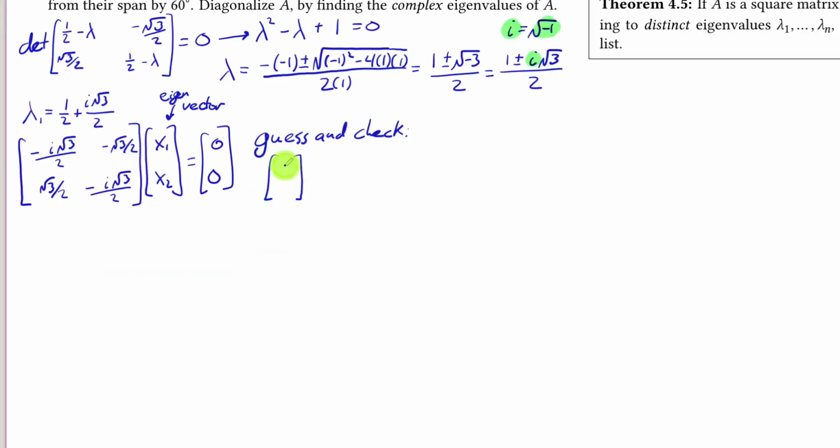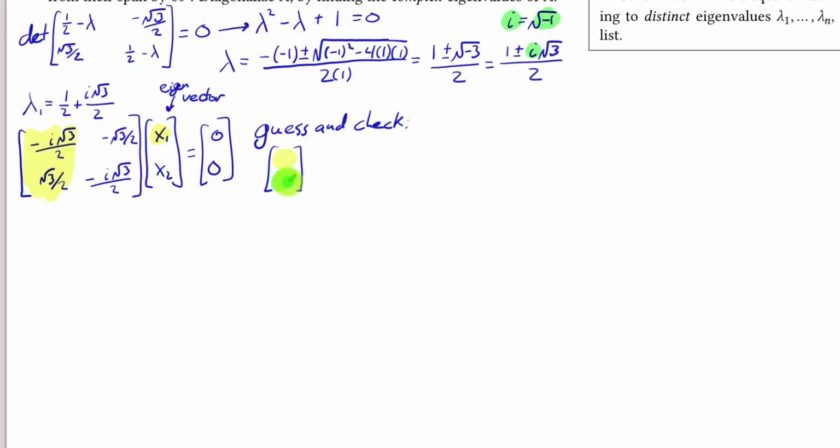So we want to do this number times the first column and this number times the second column and make them add up to 0. So maybe we could make them become opposites.